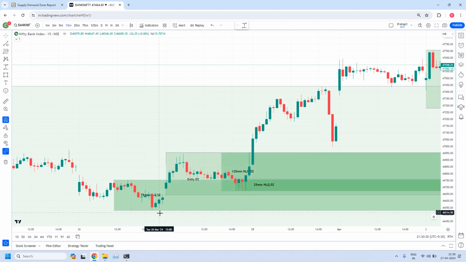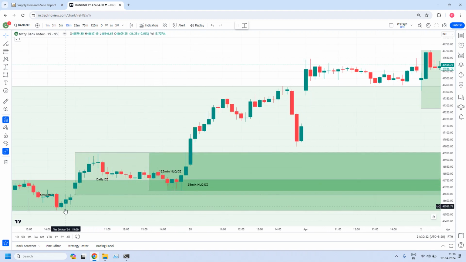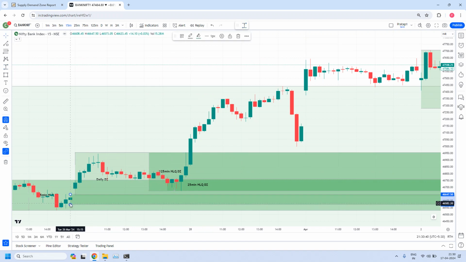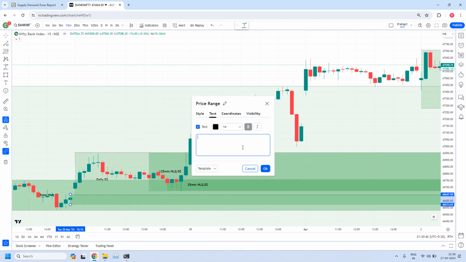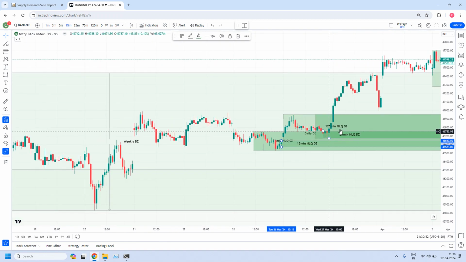This is the one, the ERC candle. This ERC candle is a leg-in, base and a rally candle. And this is a high liquidity demand zone, 15 minutes.